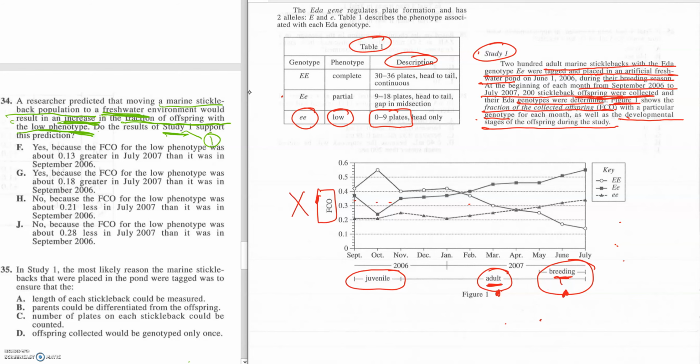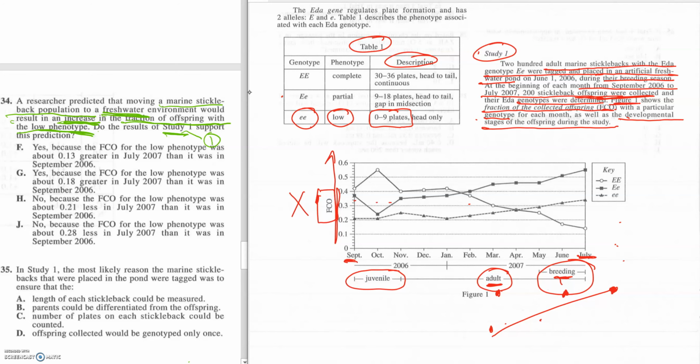This is the offspring collected, this FCO right here. And what he's saying is moving the marine sticklebacks to freshwater, like they did, would increase the fraction of offspring. So the offspring would go from low when they were added in September to high. So we're looking for the graph, the numbers to go up.